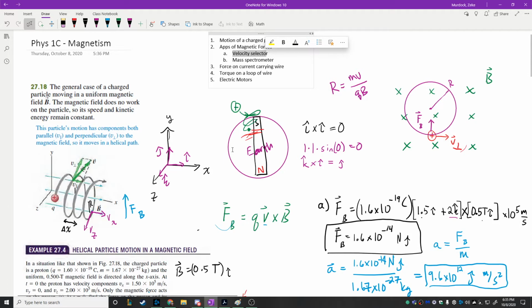All right, we're now going to talk about 2 different applications of these magnetic forces. One's called a velocity selector, and one is called a mass spectrometer.